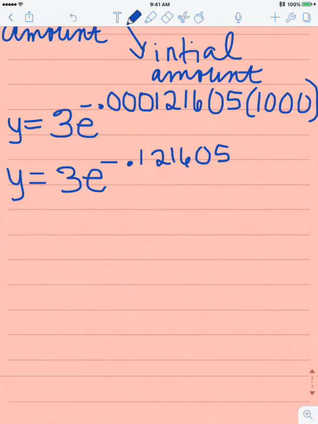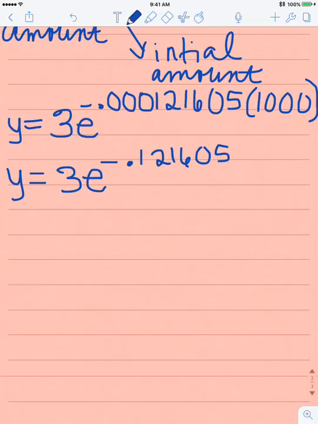And here, we're not natural logging anything. I know you see E and automatically you want to use the natural log button. You use the natural log button when there's a variable and you're trying to solve for it. We don't have that here. So here, I'm just putting this into my calculator. 3 times E raised to the negative 0.121605. So let me just get my calculator.